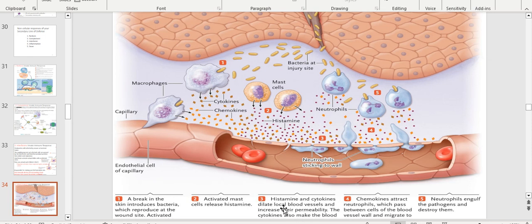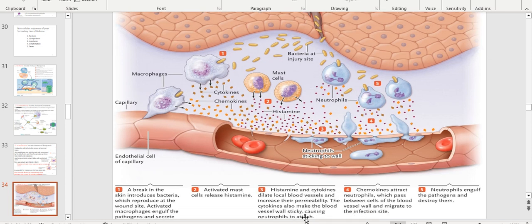Histamine and cytokines dilate local blood vessels and increase their permeability. Cytokines also make the blood vessel wall sticky, causing neutrophils to attach. These neutrophils are flowing through the blood, but because the walls become sticky because of the cytokines and the histamine, neutrophils stick and then go right through.